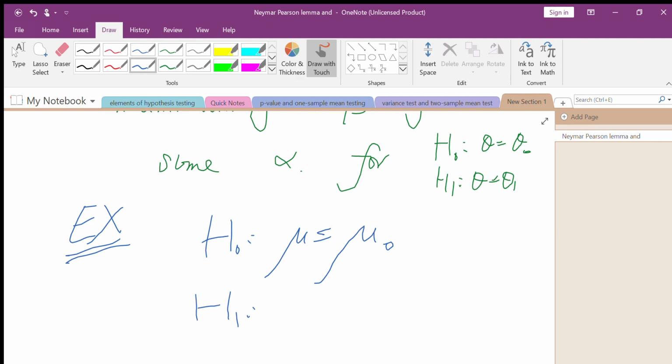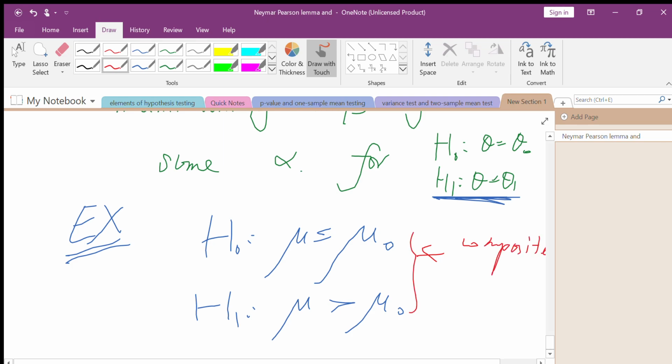Simple means just one value. H1, in this case, we specify mu greater than mu 0. So it is no longer a simple hypothesis testing. This is also a composite hypothesis testing.